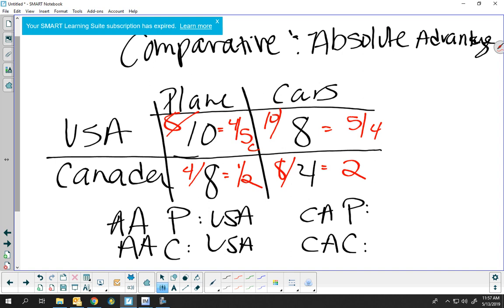When Canada makes one plane, they give up the opportunity to make half of a car. So it's like, who's giving up the least amount of cars to make planes? Those fractions are in units of opportunity cost. They're in units of the other thing. So one plane, 4/5 of a car, one plane, half of a car. Max, what's the smallest number?